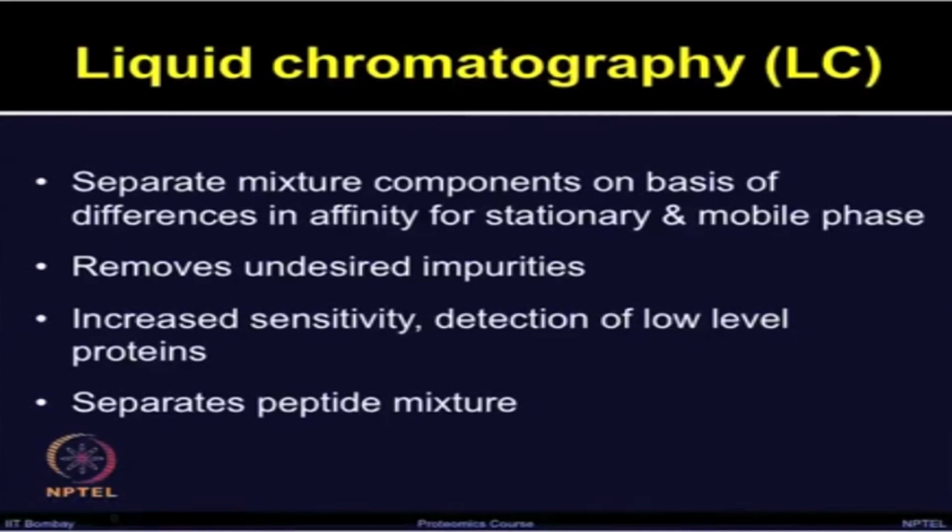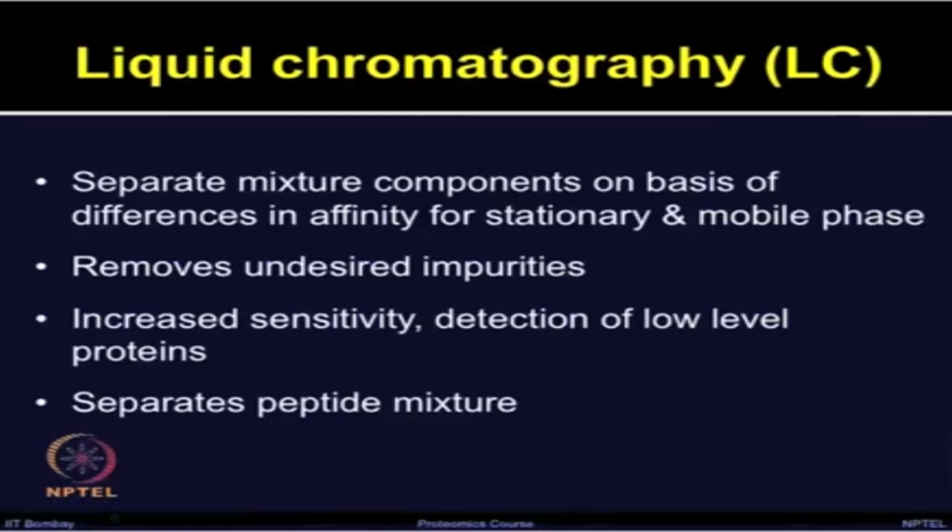So, in LC, it can separate mixtures or components on the basis of differences in the affinity for stationary and mobile phase. Liquid chromatography is also useful for removing the undesirable impurities. It also increases reproducibility in the samples as well as robustness of the MS measurement.